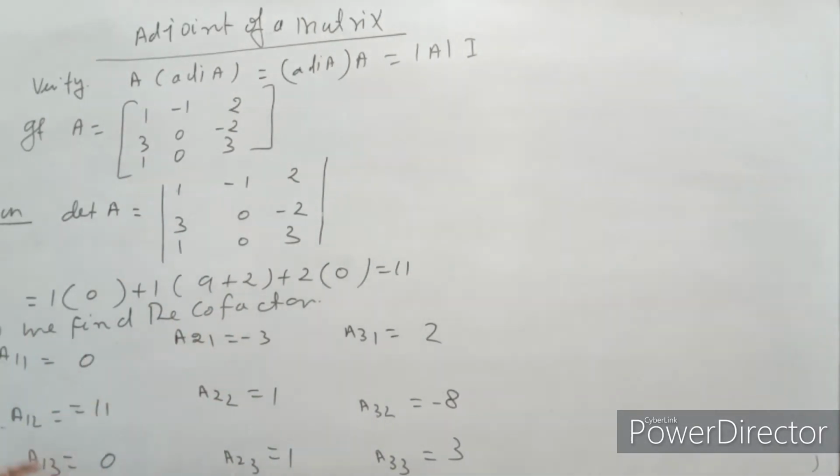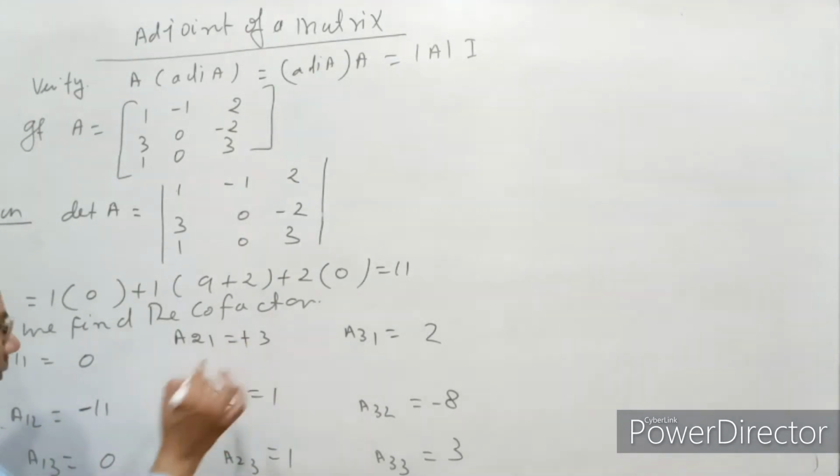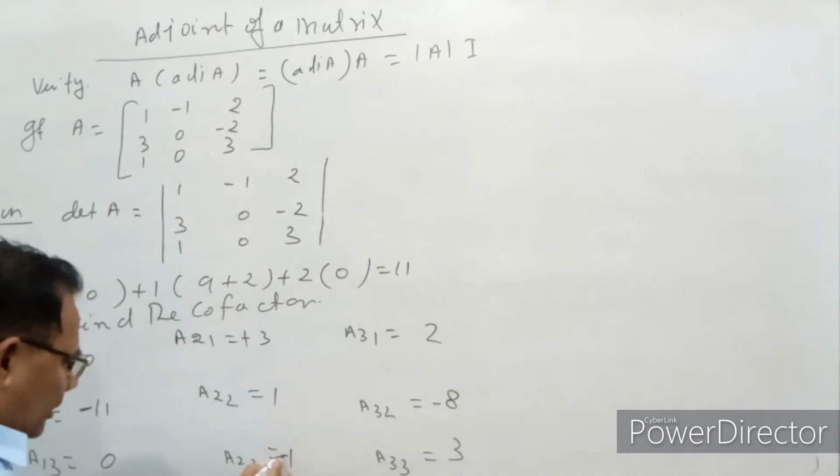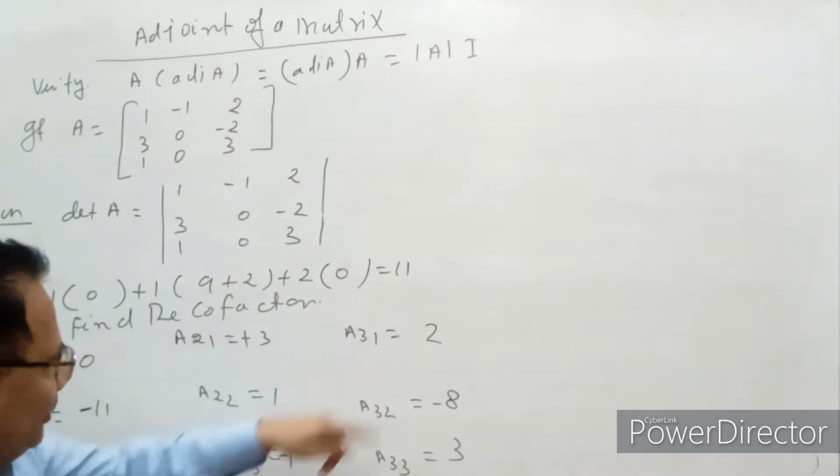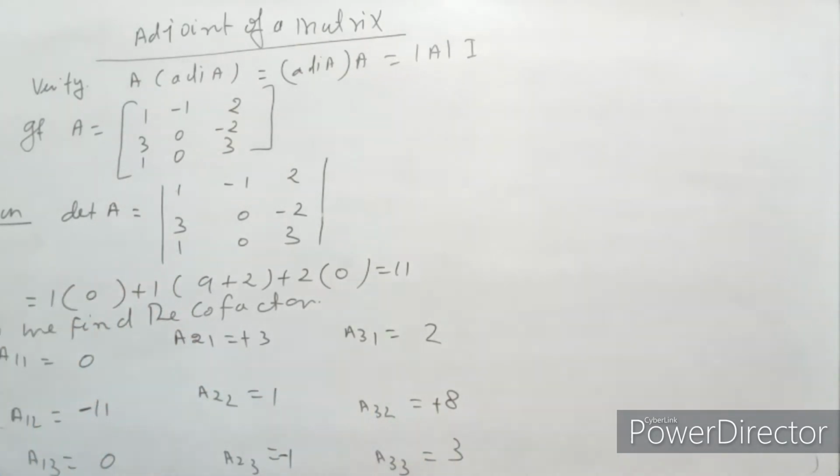To find the cofactor we change the sign, that is 1 plus 1, even number, no change, 1 2 change, that is say आपका 11 आया है, तो that is -11, or that is 0, that is +3, no change, that is -1, 3 1, no change, or that is change.